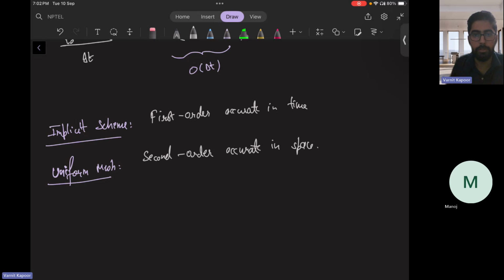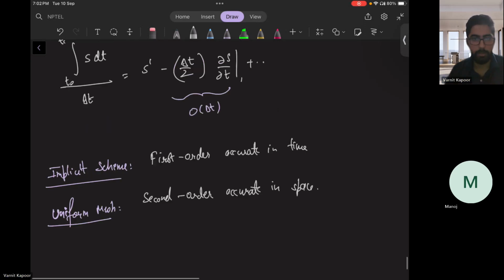Any doubts? Clear? And similarly, you can deal with the explicit and Crank-Nicolson schemes. You can do that on your own as well. So the explicit scheme will come out to be first order accurate, and Crank-Nicolson second order accurate, both in time.